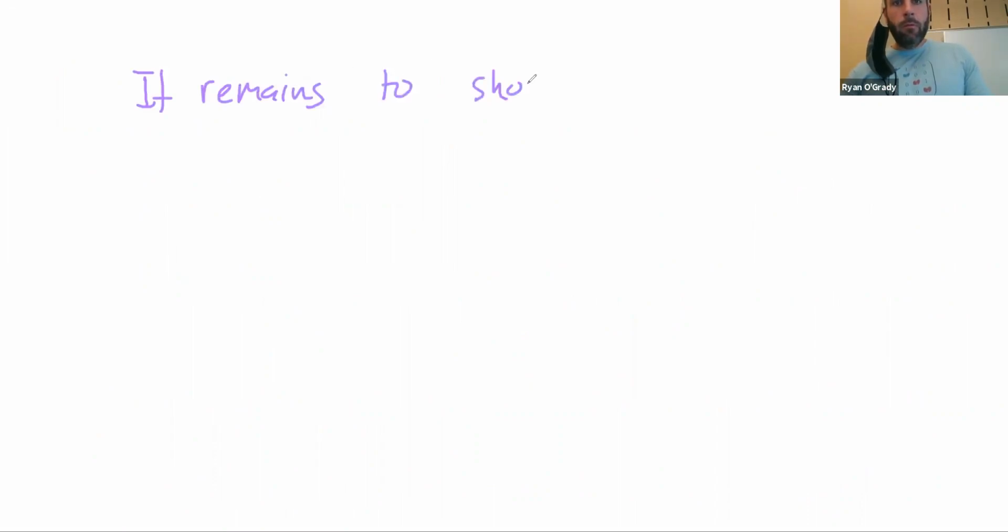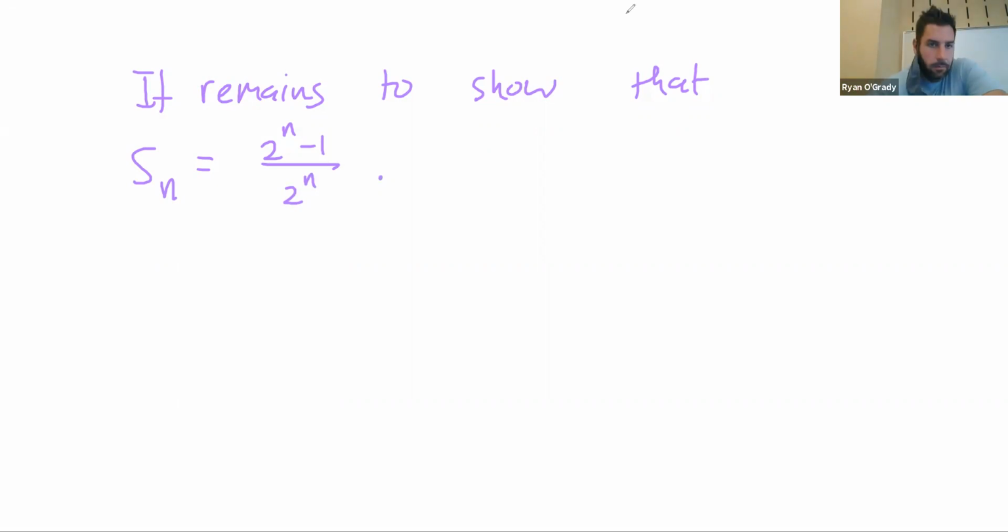Okay, so what happens is it remains to show that S sub n is in fact equal to 2 to the n minus 1 over 2 to the n. Here's how we're going to do it.